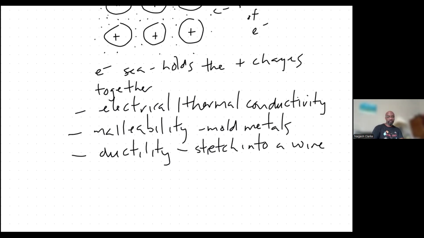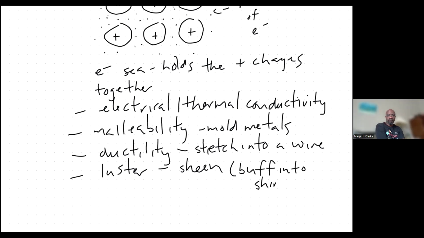And luster. Metals have a sheen, and you can buff a metal into a shine.